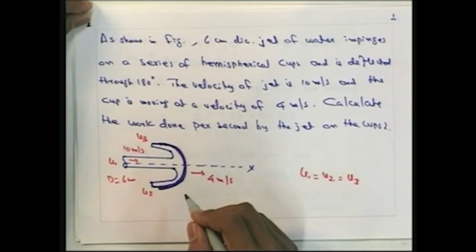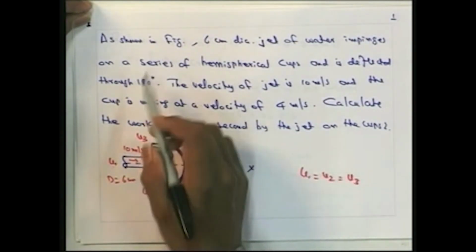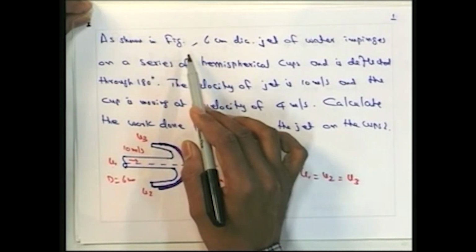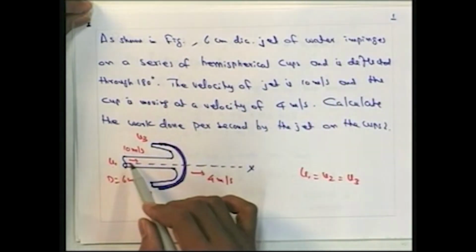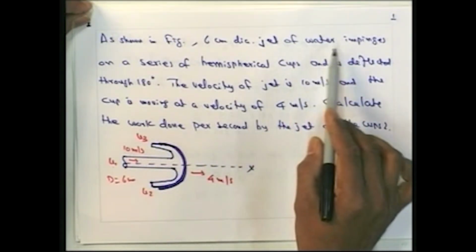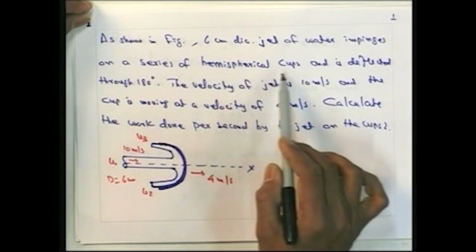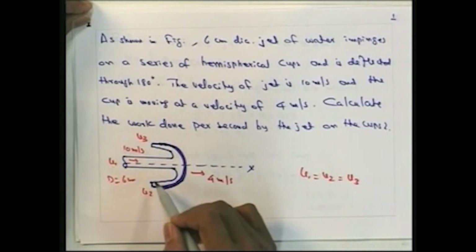We want to find the work done per second by the jet on the cup. The problem statement is as shown in the figure: a 6 centimeter diameter jet of water impinges on a series of hemispherical cups and is deflected through 180 degrees. So the diameter of the jet is 6 centimeter, and the jet is deflected by 180 degrees.